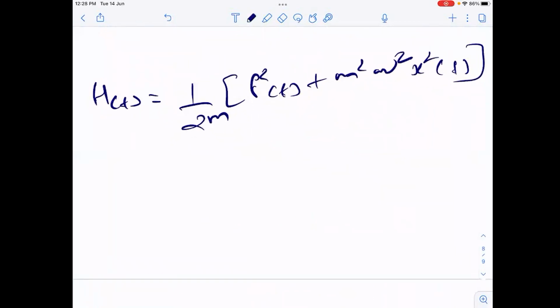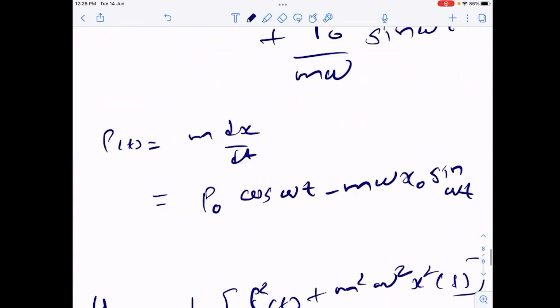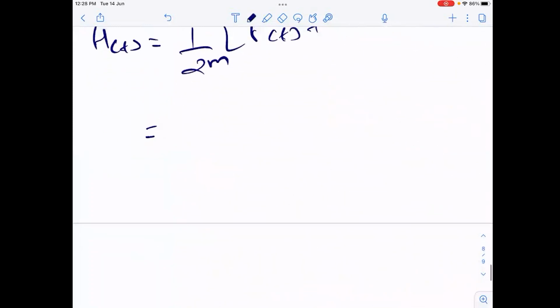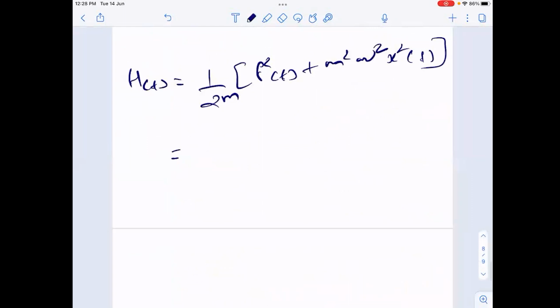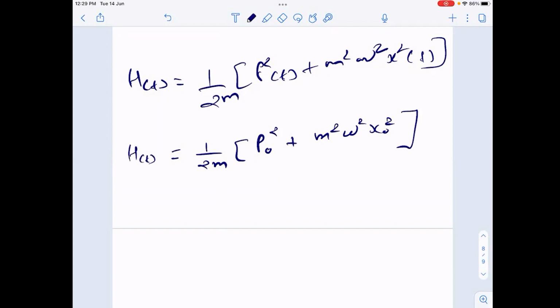Going ahead, if you substitute the x(t) and p(t) values in this equation, I am simply writing the output that you will get. It will be 1 upon 2m times p0 square plus m square omega square x0 square. Now, focus on my words. This is where we move to an entirely new aspect.